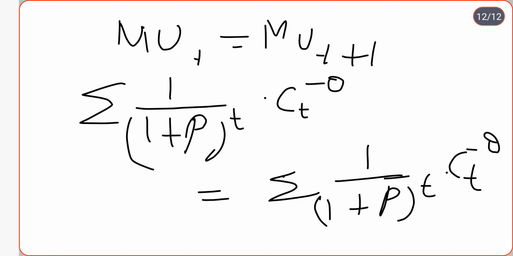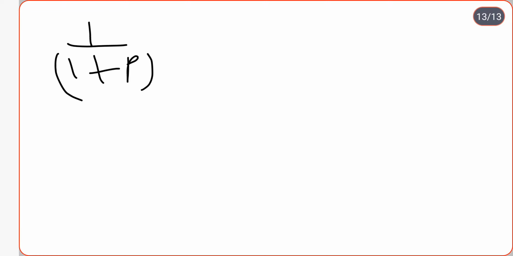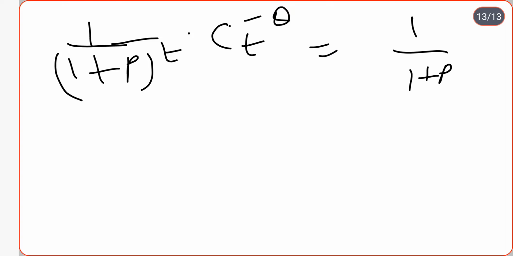Now we may write it without summation also, that 1 by 1 plus rho to the power t into ct to the power minus theta is equal to 1 by 1 plus rho to the power t plus 1 into ct plus 1 to the power minus theta.